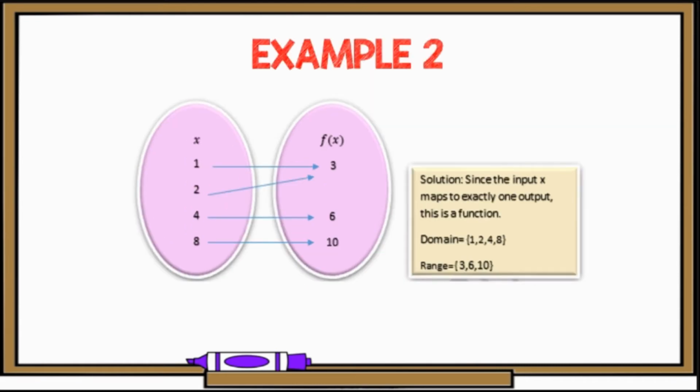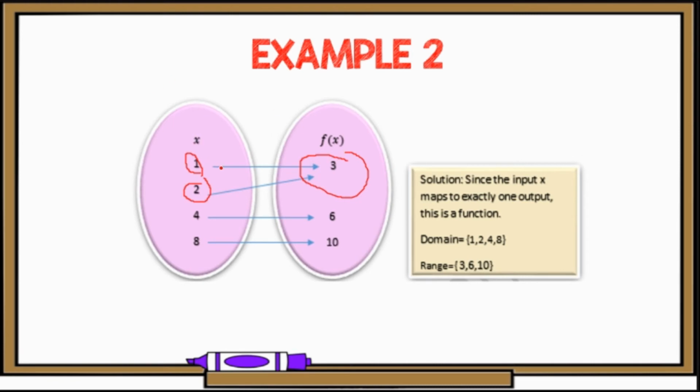Let's move forward to example number 2. For this example, 1 is mapped to 3, 2 is mapped to 3, 4 is mapped to 6, and 8 is mapped to 10. Though 1 and 2 are mapped to the same element, that is 3, the arrow diagram still satisfies the definition of a function, wherein the input x must be mapped to only one element in the range.